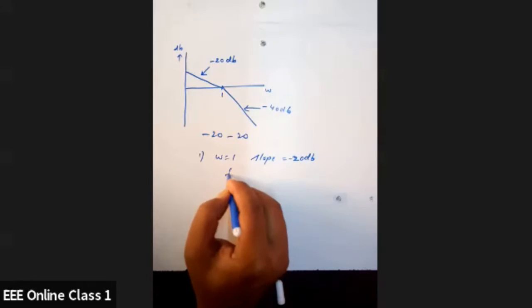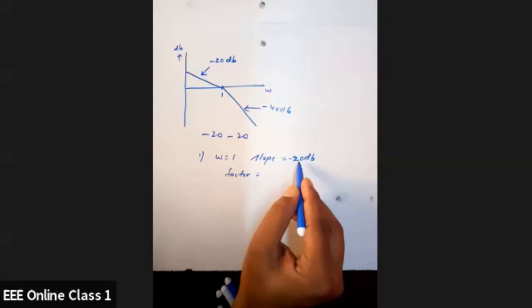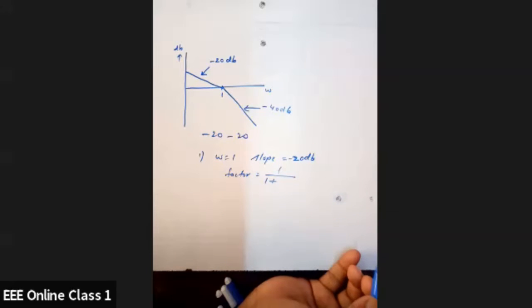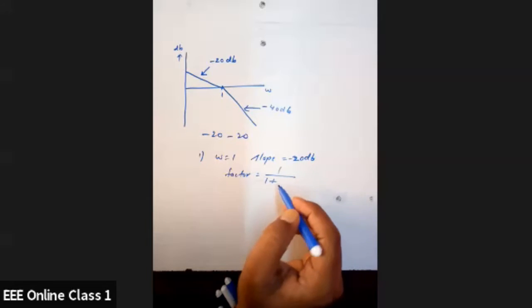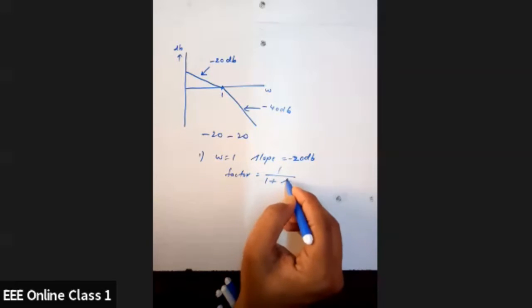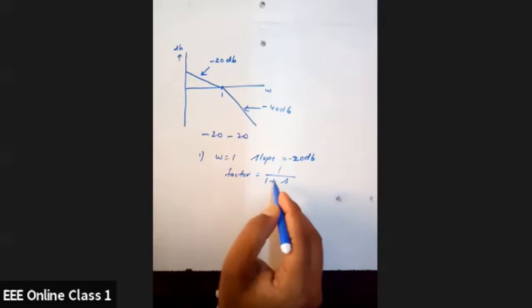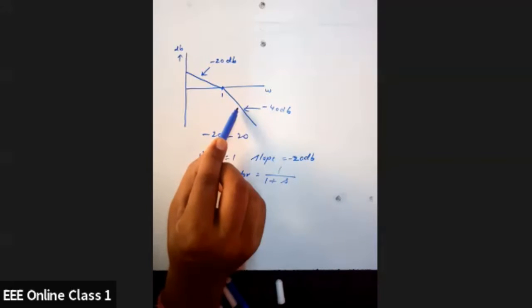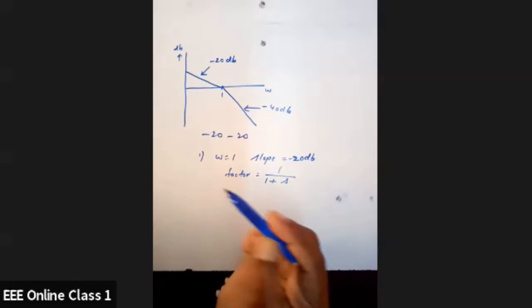So the factor is written as, since it is minus 20 dB, 1 by 1 plus. Now corner frequency is 1, so 1 by 1 is 1 S. This is the factor for the line minus 40 dB.